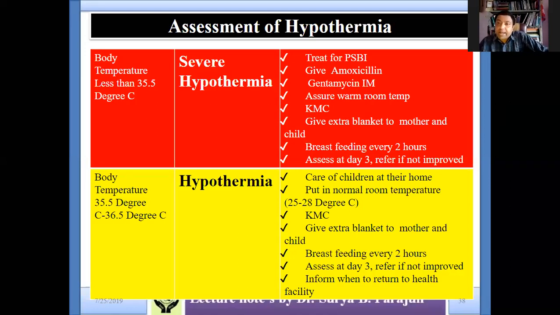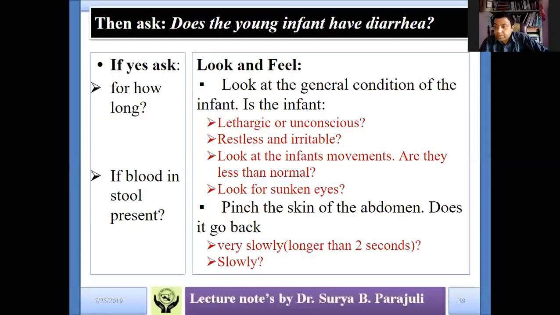You need to give extra blanket to the mother and child. Breastfeeding every 2 hours. Assess at day 3 and refer if not improved. Then the most important part is you need to inform when to return to health facility. Okay? This is about hypothermia management.